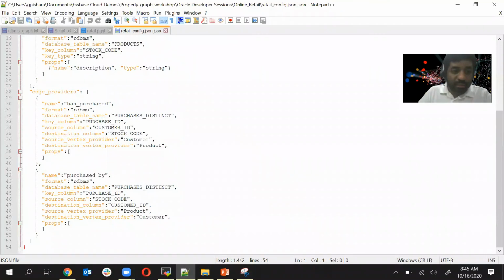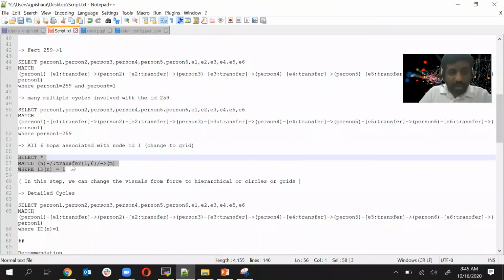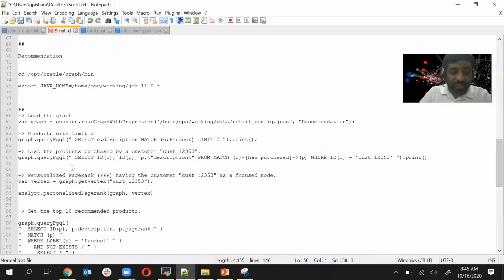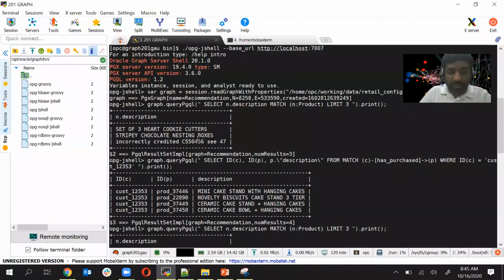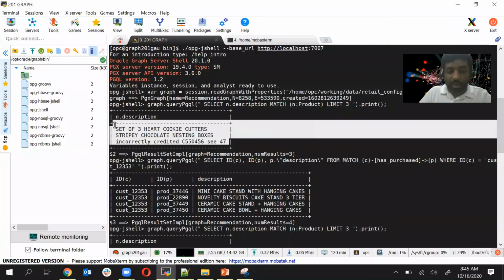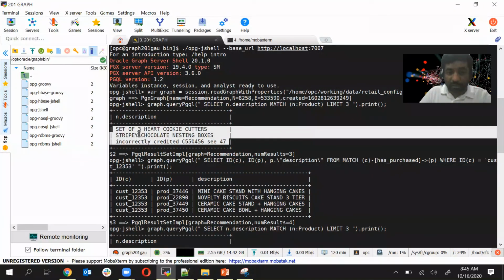Let's say, for example, I want to write a very simple statement to get the list of products by limiting it to 3. So it's basically fetching 3 products from the set of retail information that I have from the graph data that is loaded into memory.